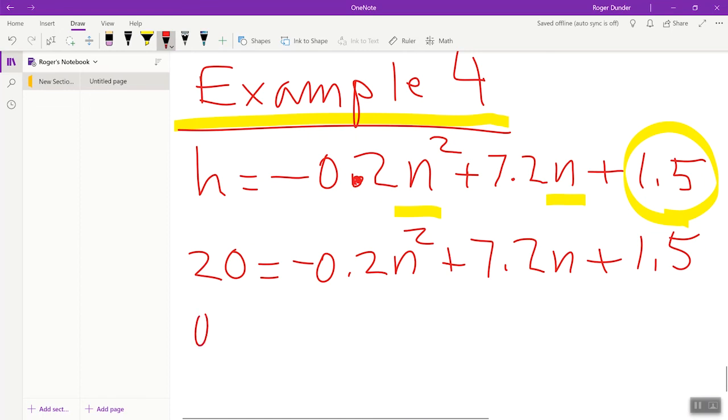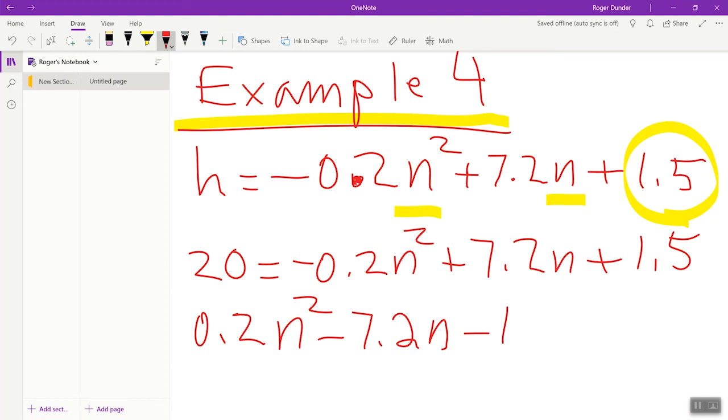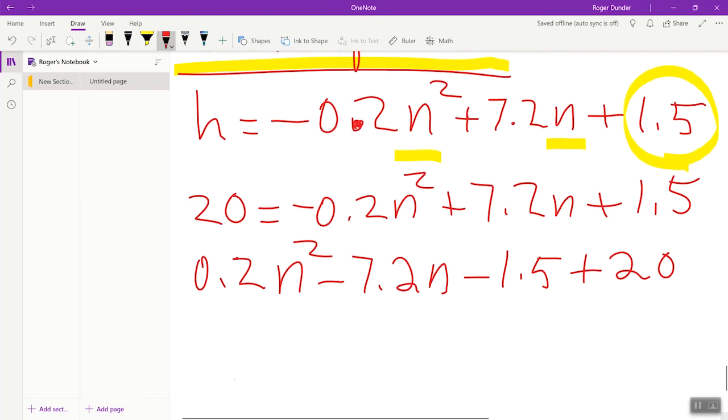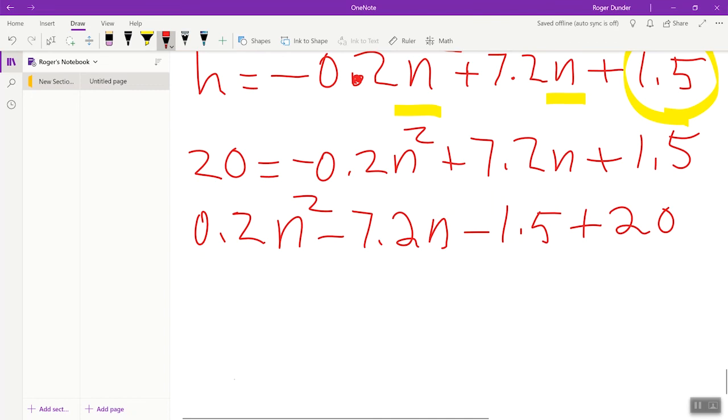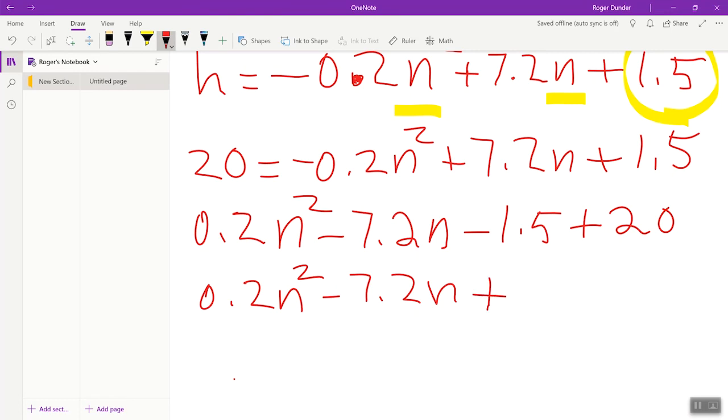So I have 0.2 n squared minus 7.2 n minus 1.5 plus the 20 that's already on the left. So simplifying a little bit, taking everything to the left and then collecting some terms, 0.2 n squared minus 7.2 n plus 18.5.